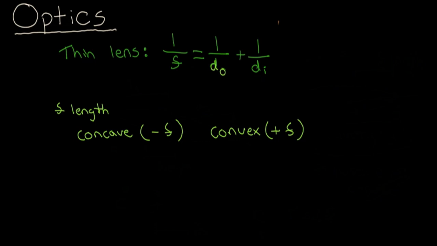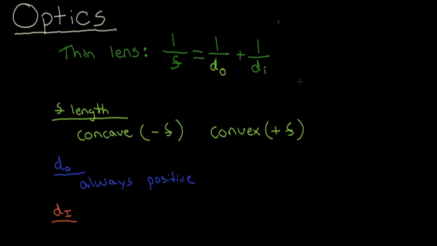Your distance of the object is always going to be positive, regardless of the lens type. So always positive. And then finally, your distance of your image depends on the orientation of the object to the image.